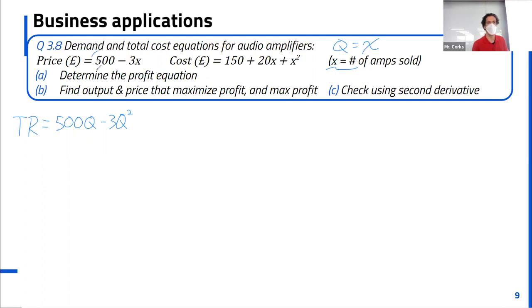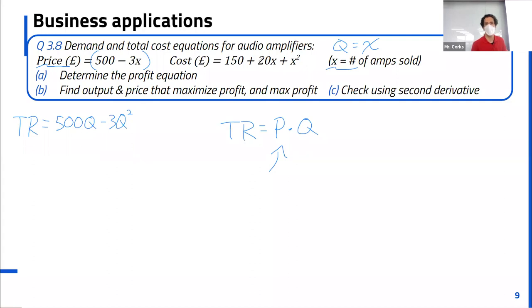We have our demand equation. So if price is equal to this, then total revenue is P times Q, and this is P. Just substitute that in, multiply by our Q, or again, they've called it X here, and we get total revenue.